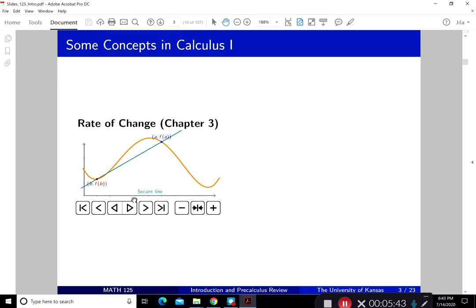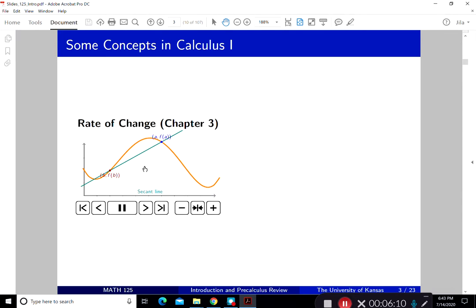So here's a secant line. Now I want to know the rate of change at a point A, f of A. It's supposed to come as a behavior of the secant line around A, f of A.